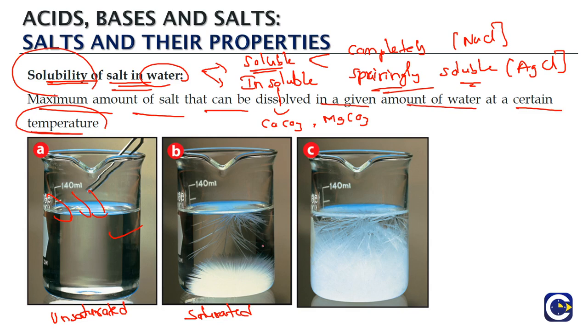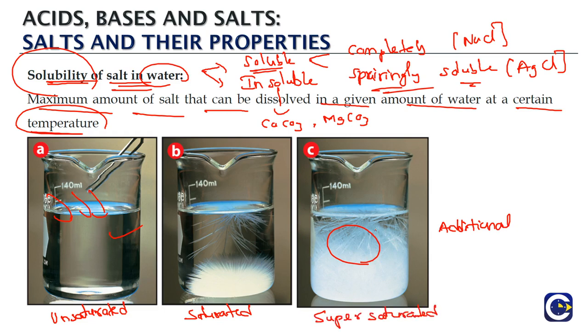And after reaching the saturation level, it is still possible to dissolve some more additional salt by using alternative methods. Like if we take this beaker and heat it, then we will see that some more salt can be dissolved, and such a solution will be called super saturated.